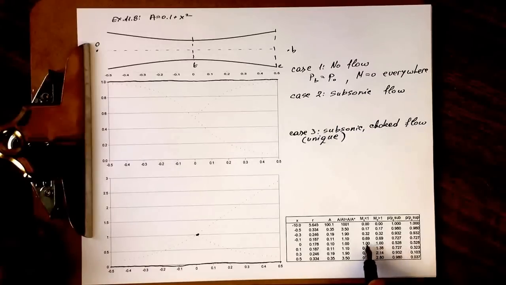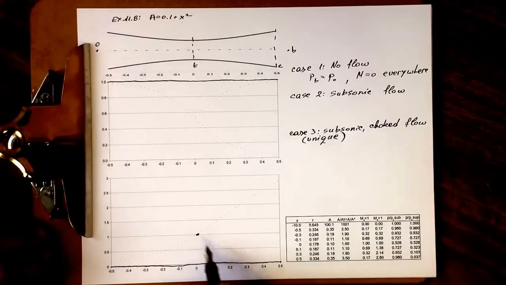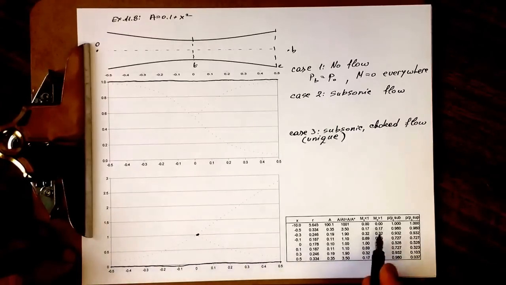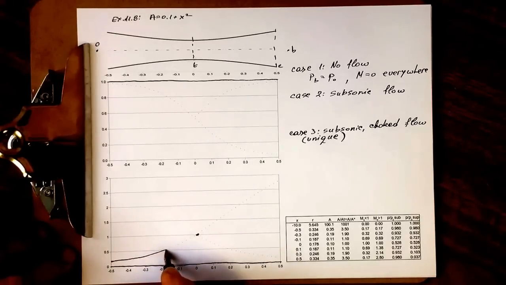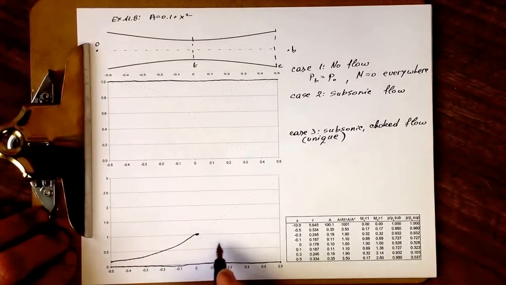In these limiting cases Mach number reaches 1, and the initial Mach number is 0.17. So I have sort of a dotted line for cheating here, so I can make a nice round.